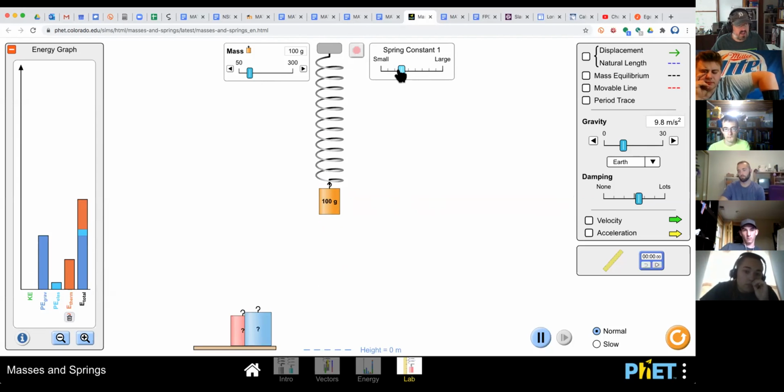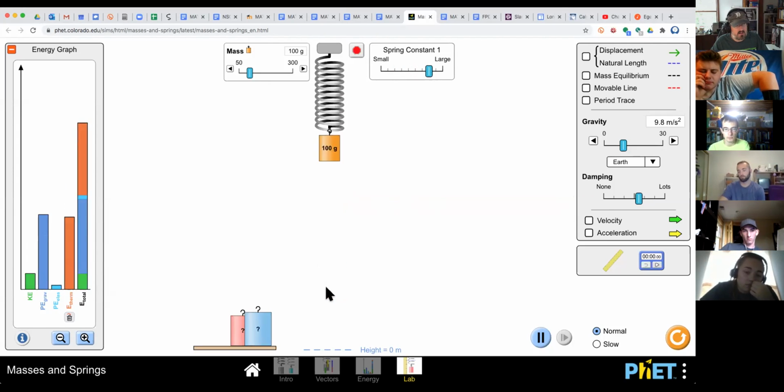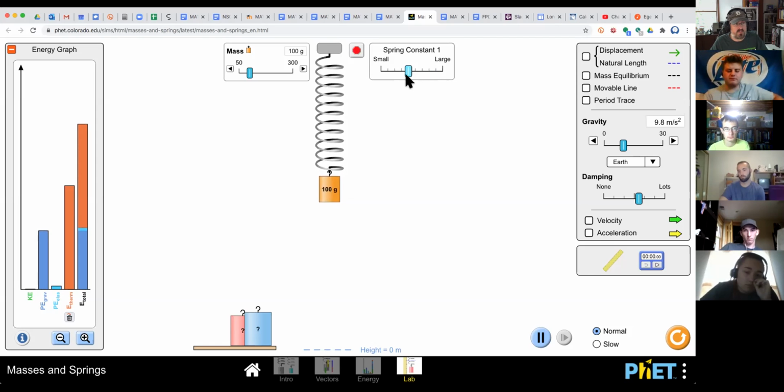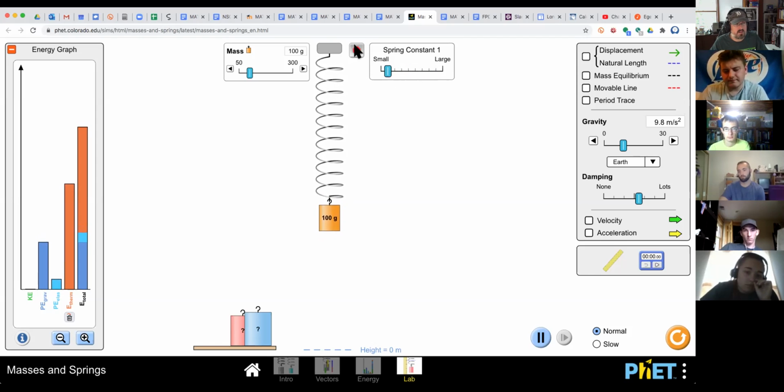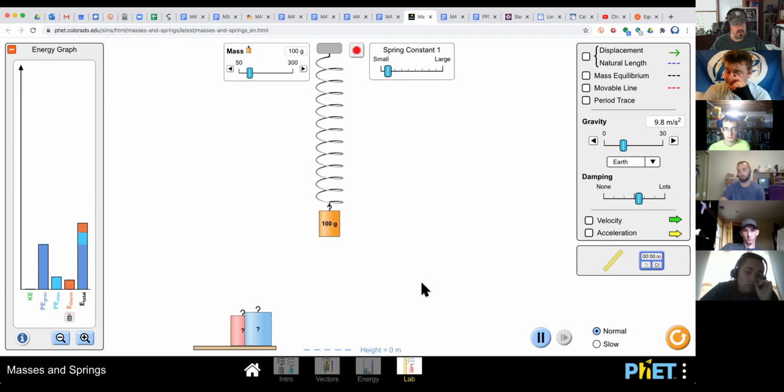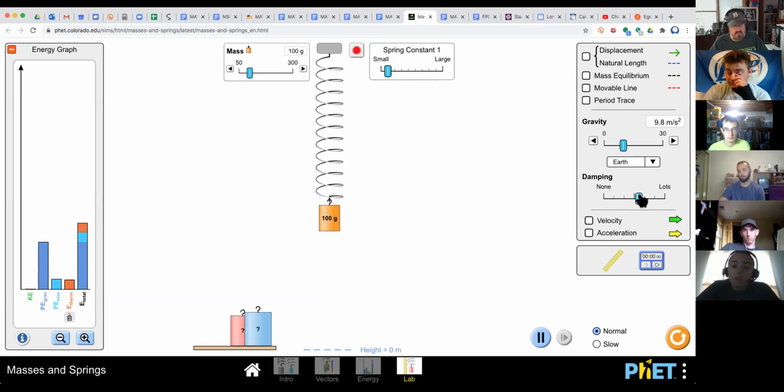So if I make the spring constant larger and then do that, you can kind of observe what happens. If I make the spring constant smaller and then do that, it heads to equilibrium pretty quickly. If I make the damping huge, this thing just slows down to nothing.